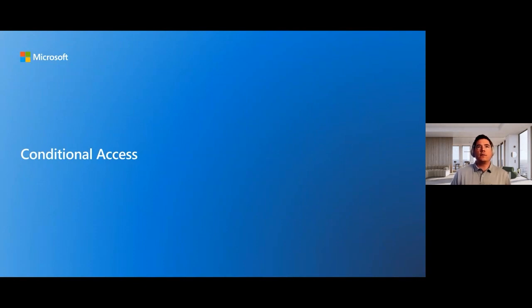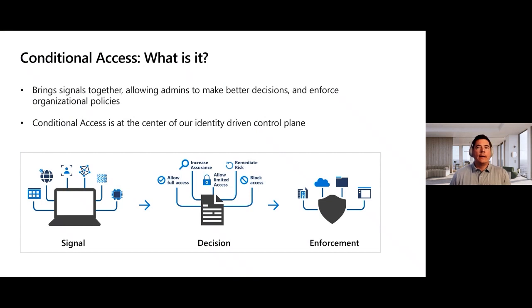One of the other key concepts that you'll be using when configuring the requirements that external authentication methods plugs into to protect your users is through the use of something called conditional access. Ultimately, conditional access is a way that an admin can define the policies and define the requirements across signals, such as who the user is, what are the roles that they have assigned to them, what is the application or the resource being accessed, in order to set what the right requirement and the right outcome would be, whether that's allowing access, whether that's allowing limited access.